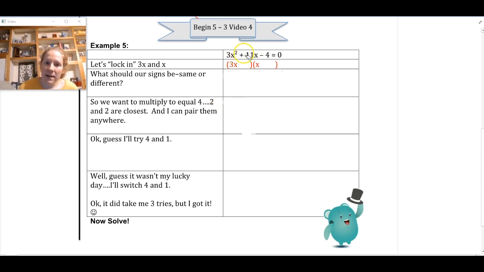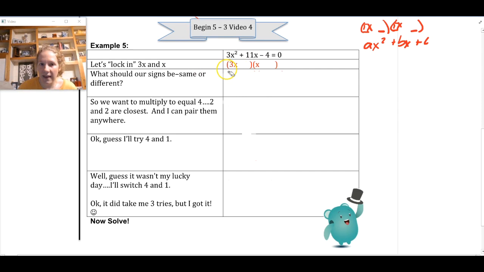Now, I've got to think about my signs. I've got a positive here, but a negative here. So think about the fact that your C is going to come from multiplying this number and this number. So whatever my x's are, this number times this number is that C. So if it's negative, one of them has got to be positive and the other one has got to be negative.